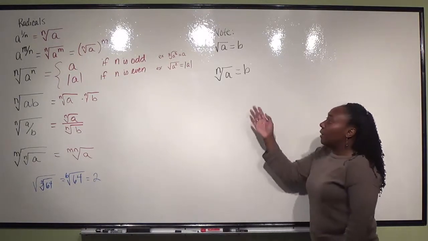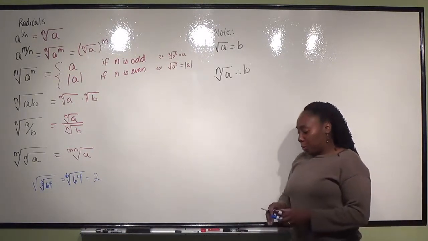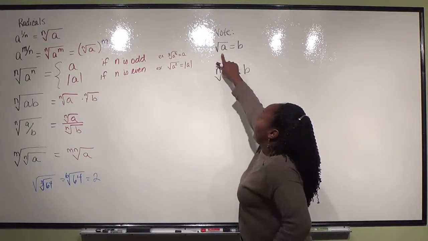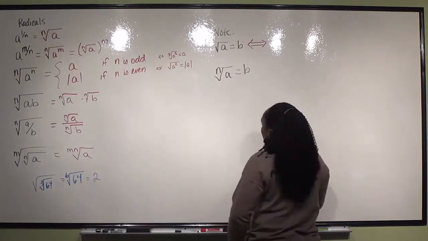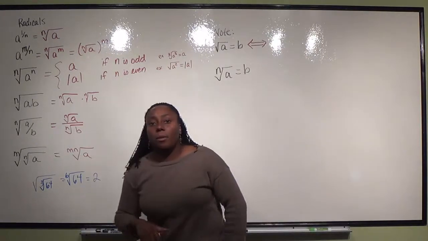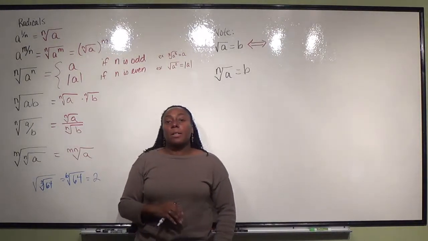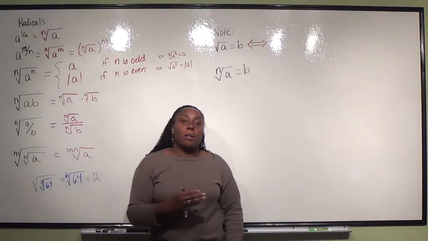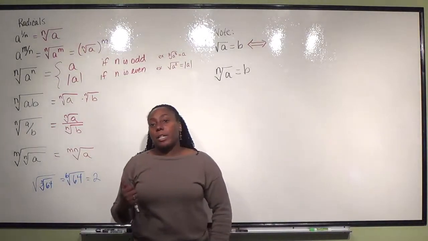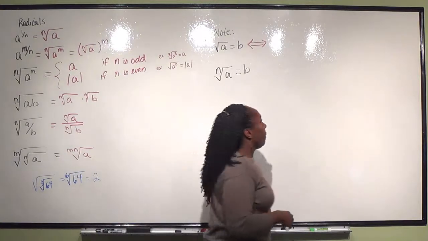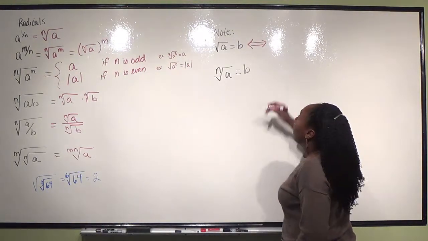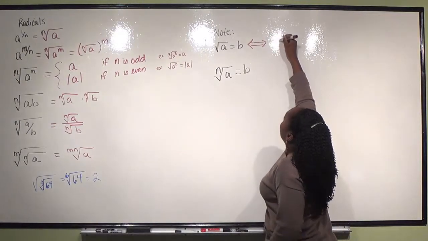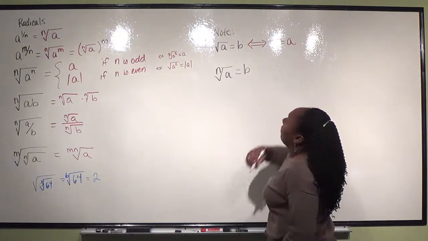A couple of things to note with your roots. Square root of a equals b if and only if b squared equals a. I'm going to introduce some notation here. That double-headed arrow means if and only if, which means when I'm looking at that double arrow, I can read it in either direction. So if the square root of a equals b, then b squared must equal a.